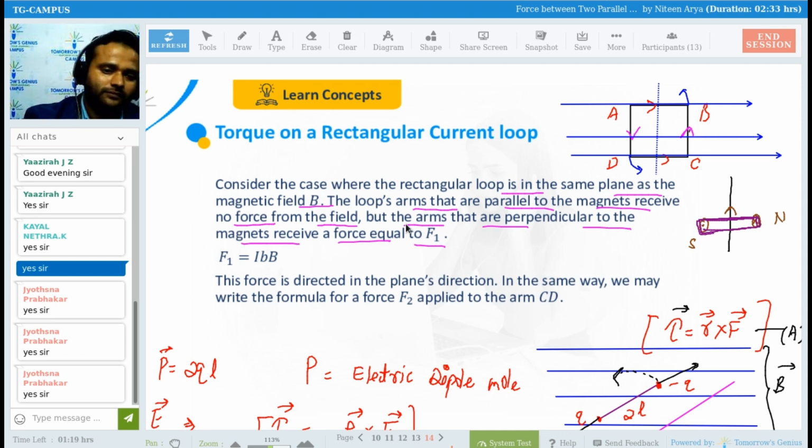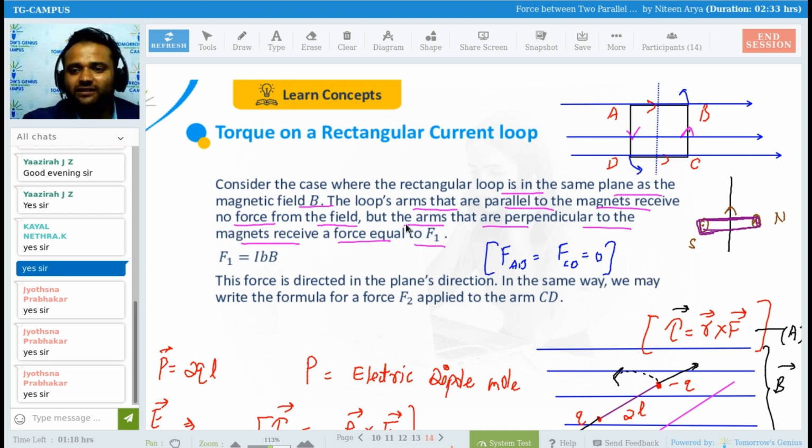Tell me, anyone. Why this sentence, the loop's arms that are parallel to the magnetic field? Suppose this is your magnetic field. So why do we not have force on AB or CD? I am asking: F_AB equals F_CD equals 0. Why so? Tell me, anyone. Why do I take this force as 0?